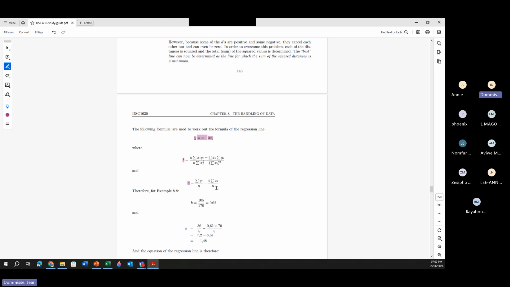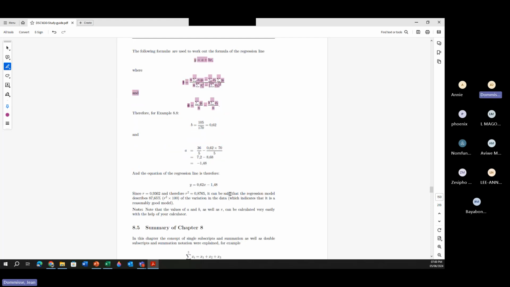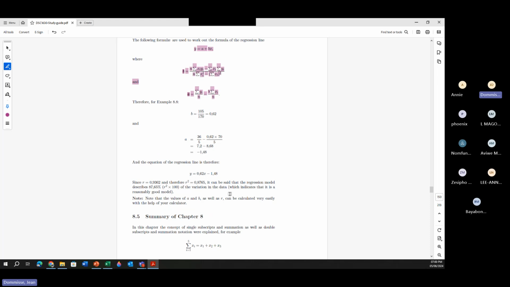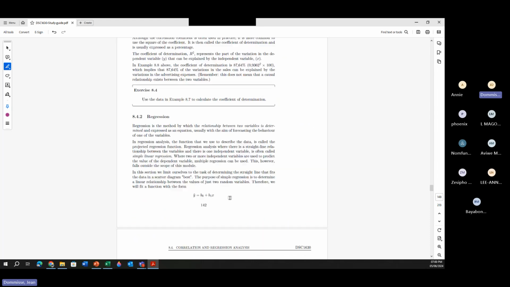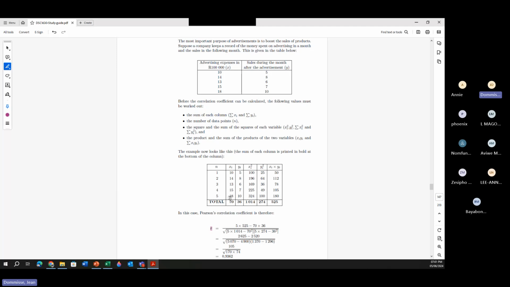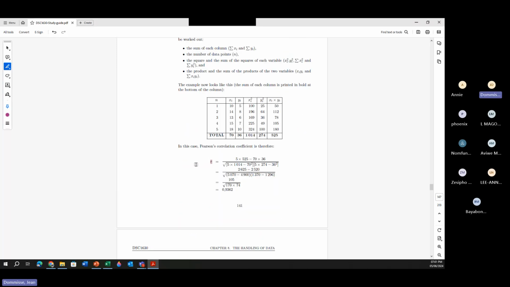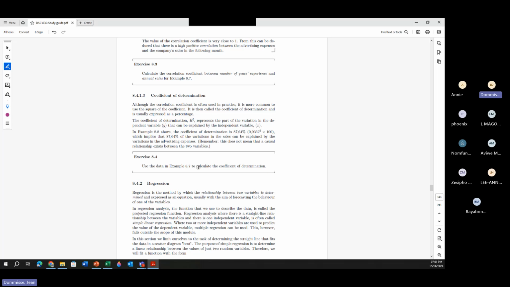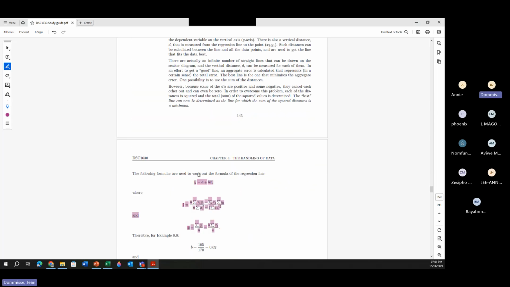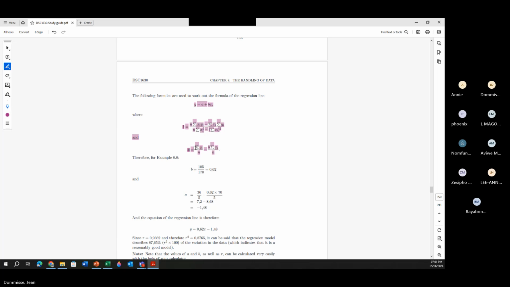So if you look at page 144 and then example 8.8, you can look at example 8.8 and the piece of work for it, and use that to work out correlation, and use that to work out the straight line as well.